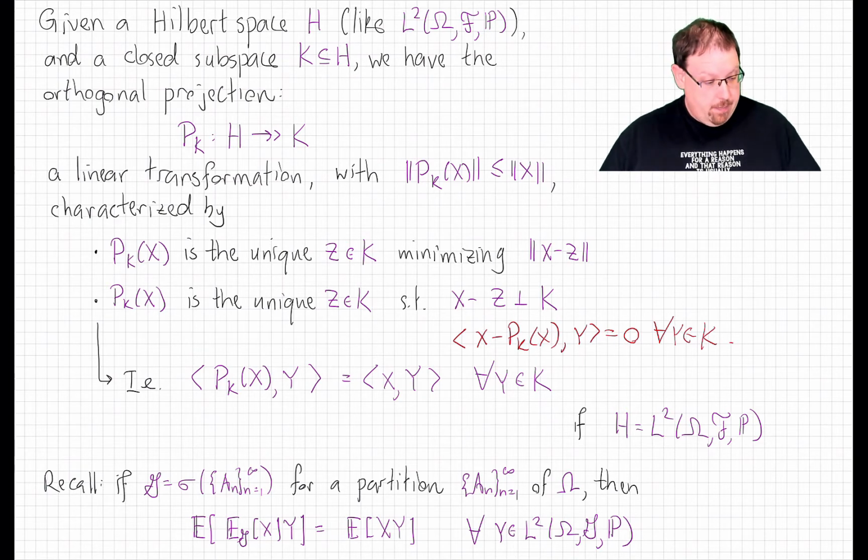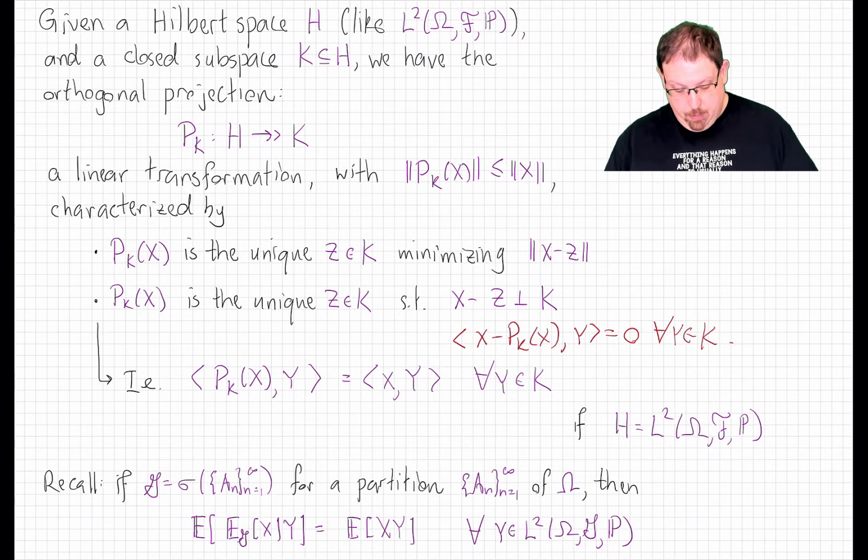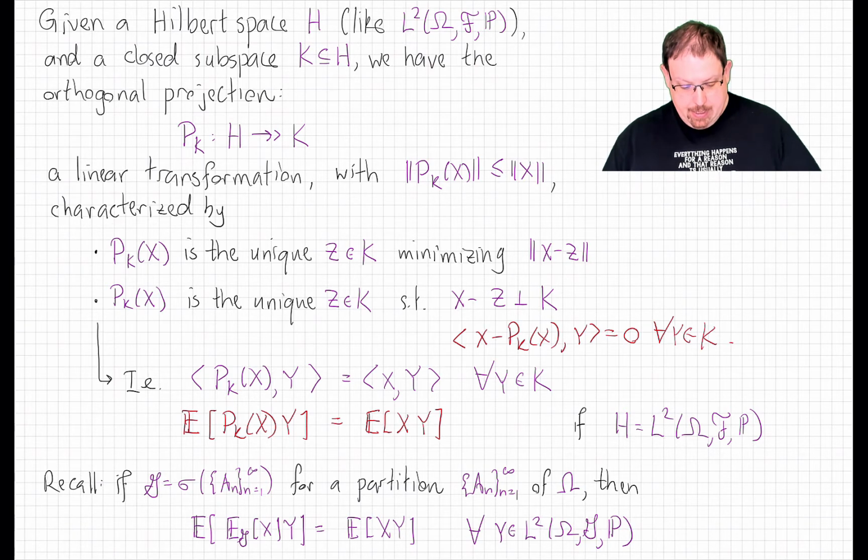In particular, if we were in L2 of a probability space, these inner products are expectations of products. So that says that the expected value of the projection onto K of x times y is the same as the expected value of x times y. And this condition uniquely specifies what this thing P_K of x is.